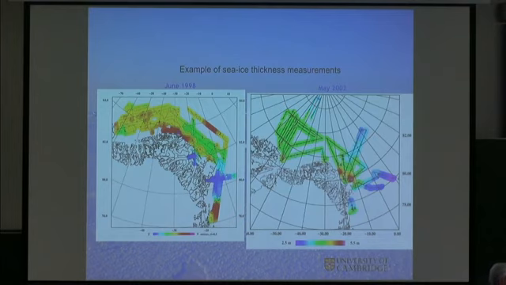The only thing about it is that because the reflection that's given, or the return that is taken as the thickness, comes from the first liquid water encountered, a very young ridge, which has just formed, has a lot of water inside the ridge structure. So there is some element of loss of image from young ridged ice.